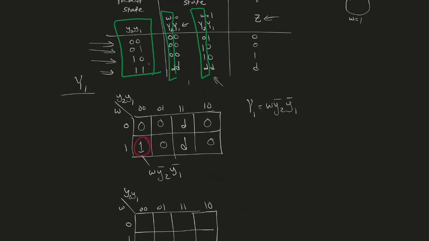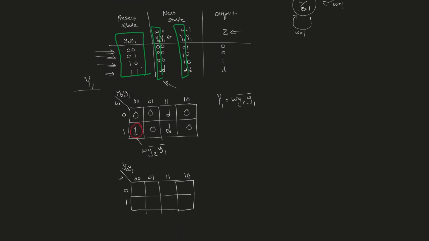So we see when W is 0, which will be this one. For 0, 0, y2 is 0. For 0, 1, it's 0. For 1, 0, it's 0. And for 1, 1, it's don't care.